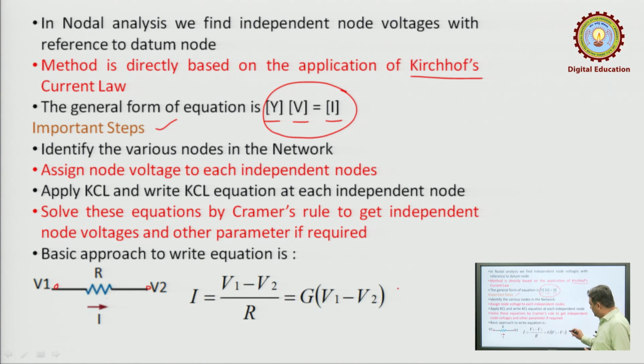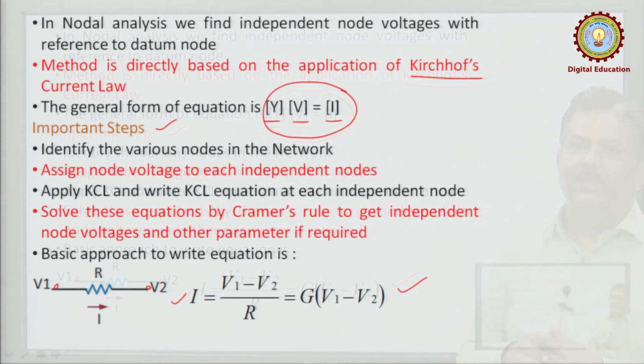This is the basic approach to write the current at different nodes. So, current is the difference of voltage divided by resistance, or the difference of voltage multiplied by conductance. This is the approach we are going to apply in writing the node equations.